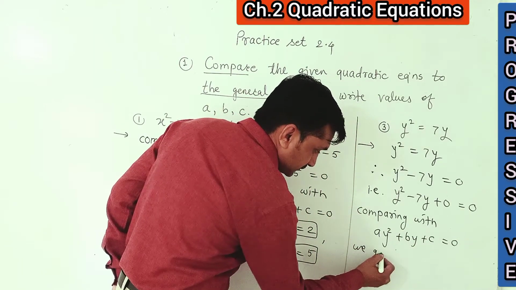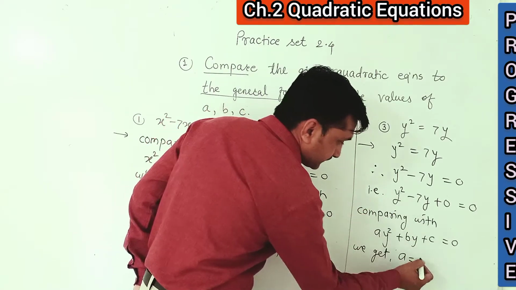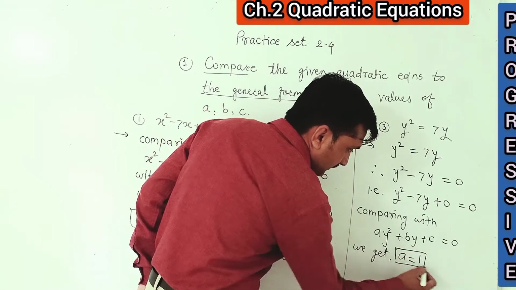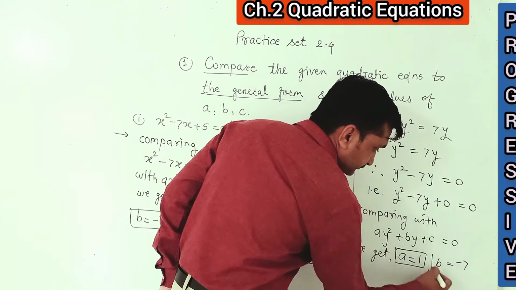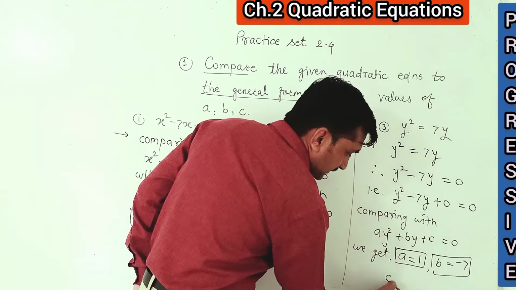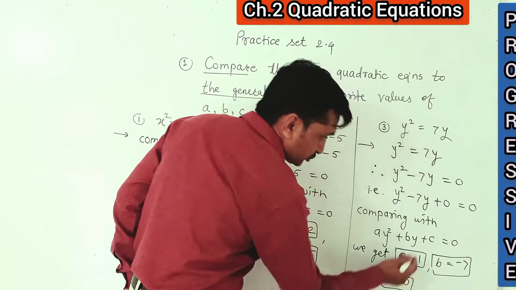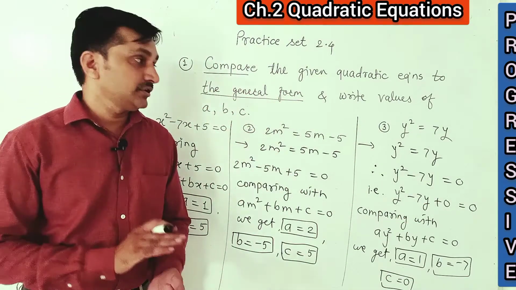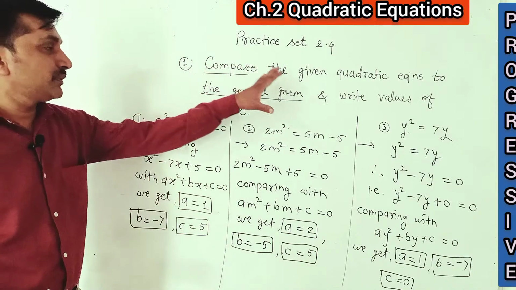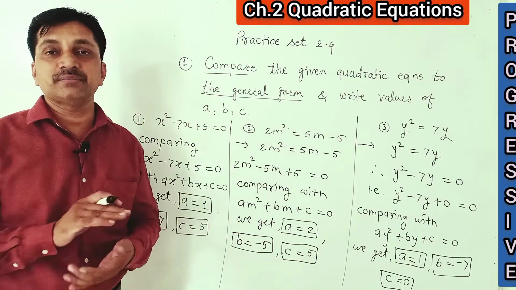We get a is equal to the coefficient of y square, 1, b is the coefficient of y, minus 7, and c is equal to the last, 0. It was not given, no? We took it as 0, so c is equal to 0. In this way, by comparing with the general form, we can find the values of a, b, c.